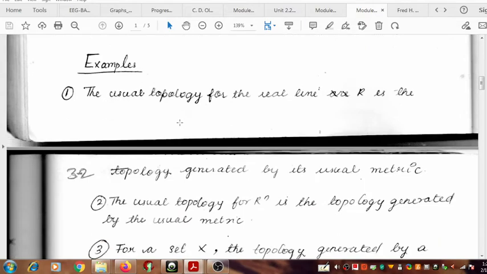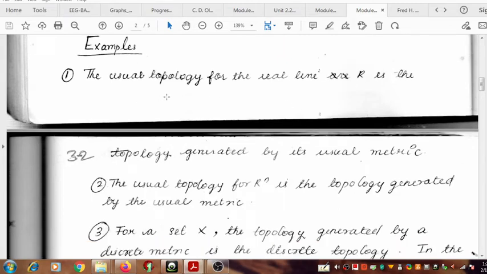The usual metric, you have studied the usual metric defined on the real line. We consider the real line as X equal to R. Then we have the usual metric defined on R: if small x and small y are two members of R, then modulus of x minus y is the distance between the two points, and that gives us a metric, and that metric determines open sets.